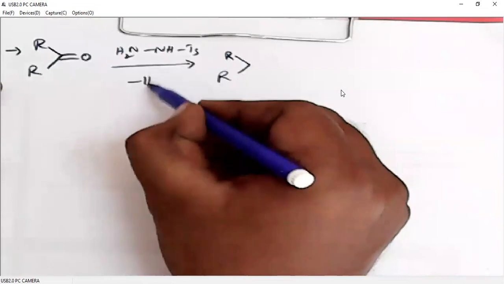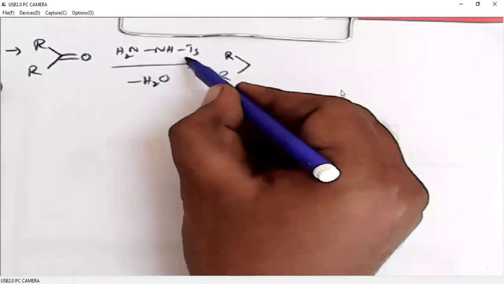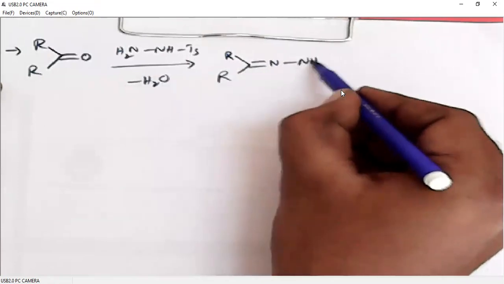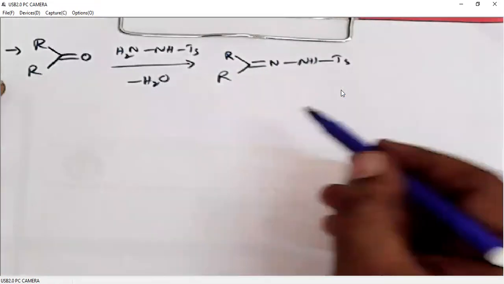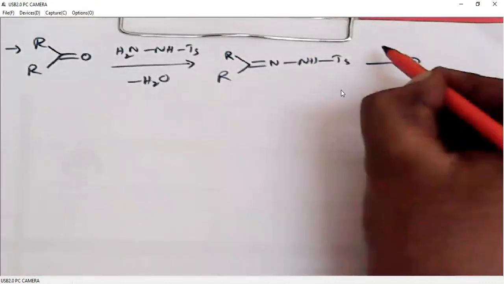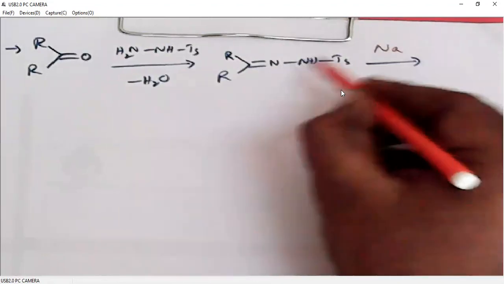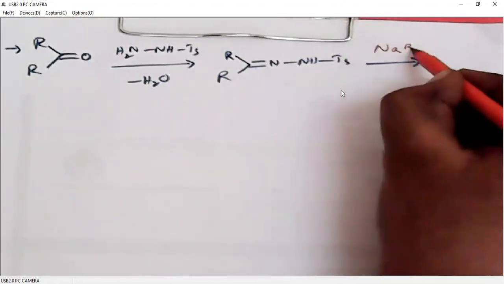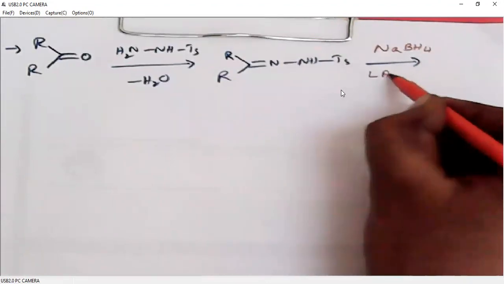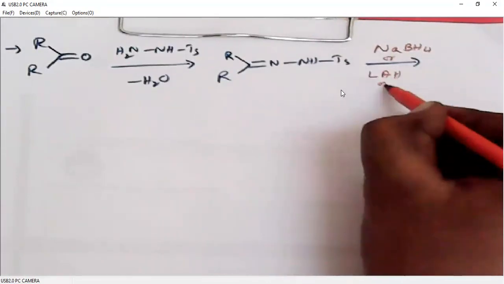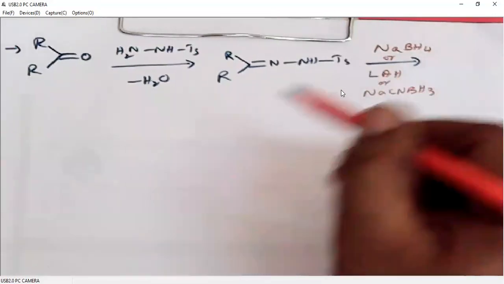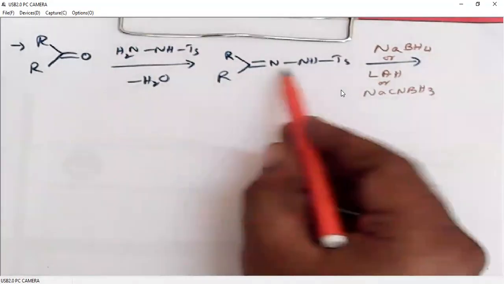Then instead of base, here what we need to use is a reducing agent. It is a simple imine. Imine can be reduced, right? So either sodium borohydride or LAH or sodium cyanoborohydride. So these reducing agents can be used to reduce this imine.